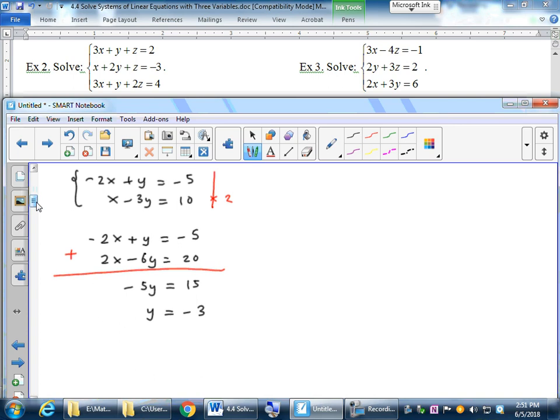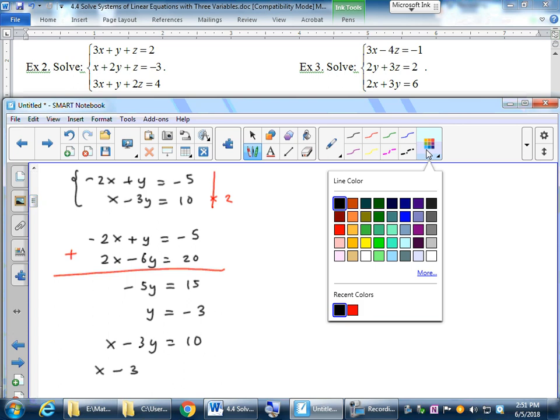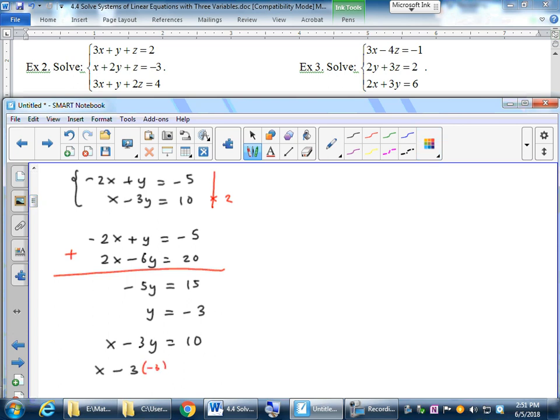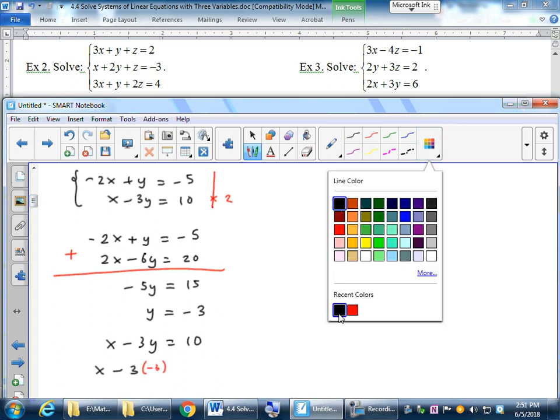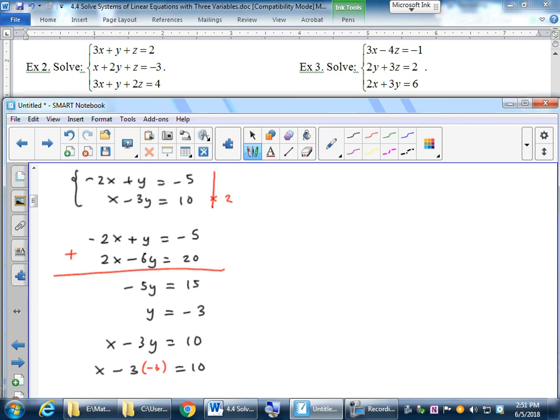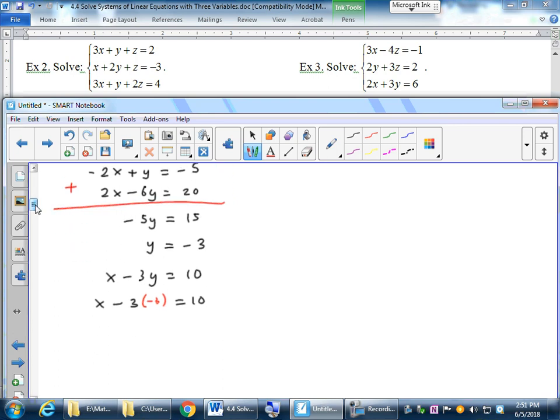So now I'm going to choose x minus 3y equal to 10, this equation, to continue. So that will be x minus 3 times my y value, which is negative 3, equal to 10. So this gives us x plus 9 equal to 10. So therefore x is equal to 1.